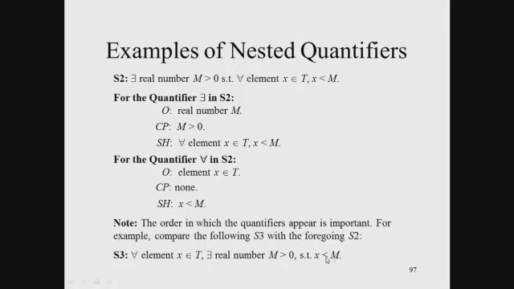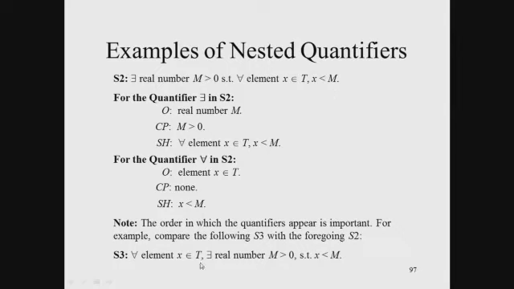What you can see is that the quantifiers have been reversed. Here, there is comes first, and then for all, whereas down here, for all comes first, and then there is. This statement up here says there is one real number m, strictly positive, such that all the elements of T are less than that m. There's one real number m, and all the elements in T are less than m.